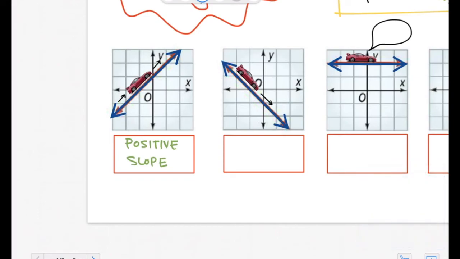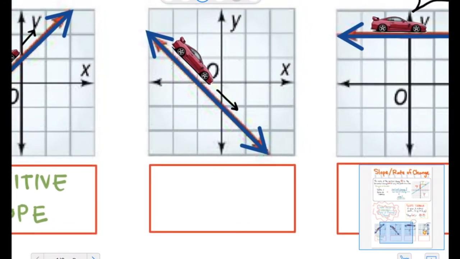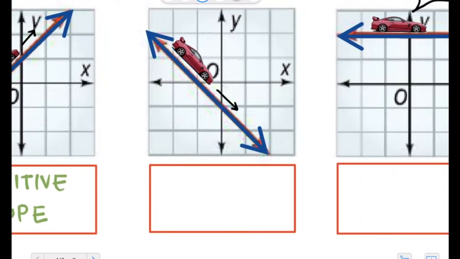So one thing that you can always do to kind of double check yourself when you determine slopes of lines is to ask yourself if it's uphill or downhill, and then at the very least you'll know whether the sign of your slope is correct. So again, moving on, if our car is going from left to right, and if it's a downhill line from left to right, then this is going to have a negative slope.